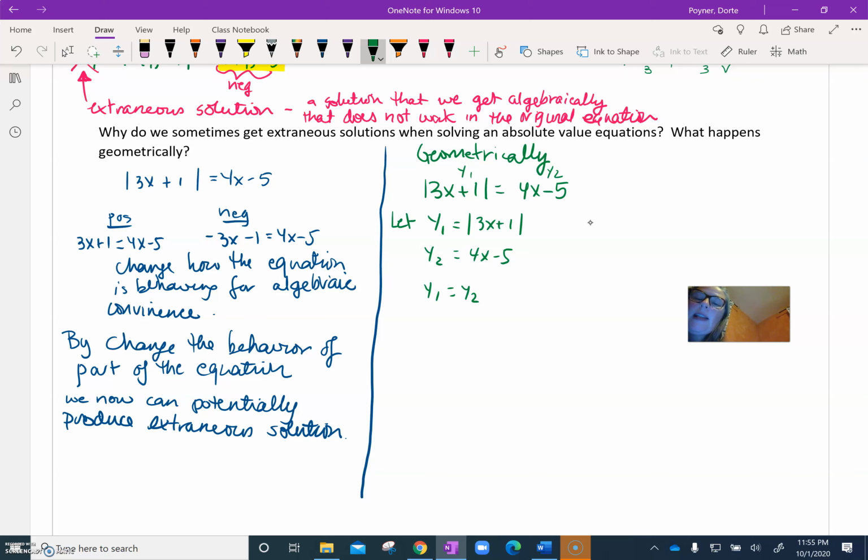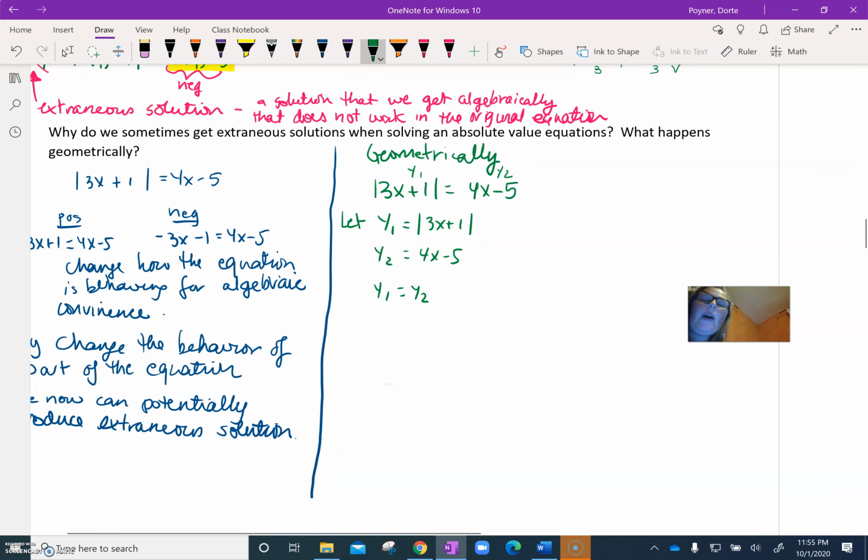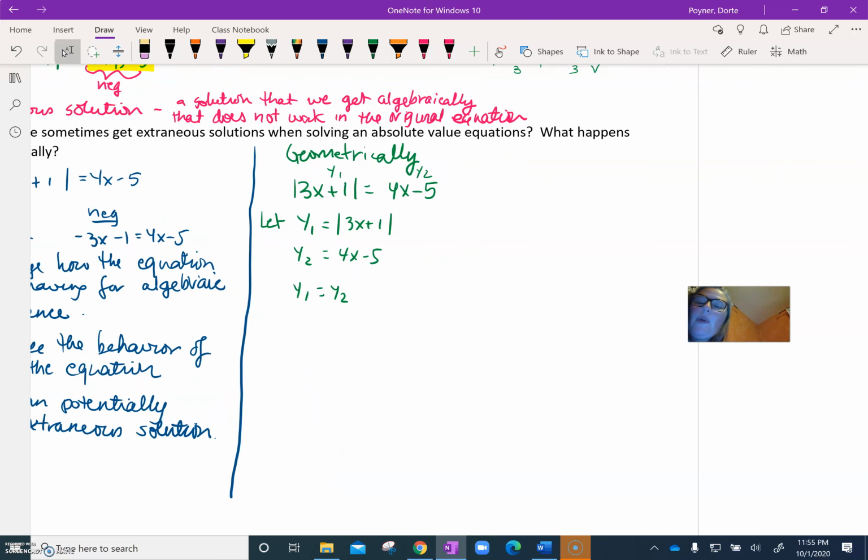What it does is now I'm going to put it on the coordinate plane, which sometimes makes it a little bit easier to see and understand what's going on with the two, but it's only a temporary measure because technically it's only in one variable. So I'm just doing it to help me understand what's going on with the values. And the way that absolute value works, okay, if you have absolute value on one side, you're going to get something that is V-shaped like this.